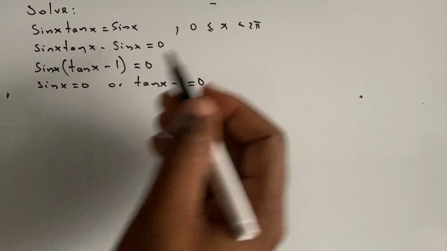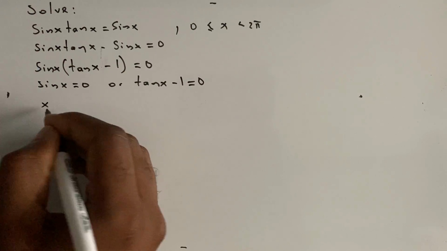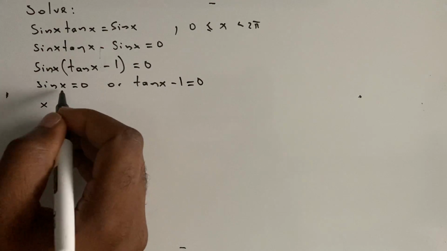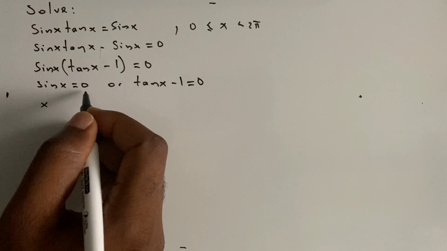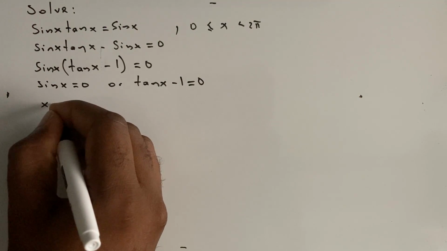Now what we have here, we need solutions for x, values of x between 0 and 2 pi. So x is an angle, so the angle whose sine is 0 in this interval, we can find actually two angles.